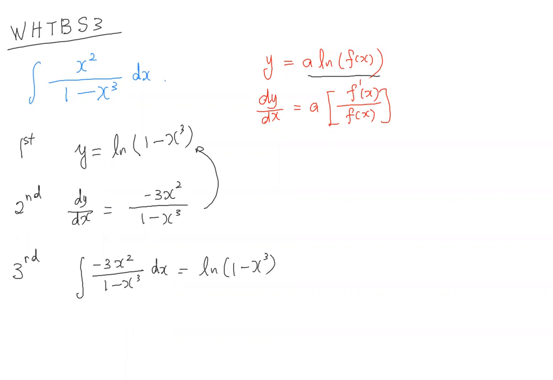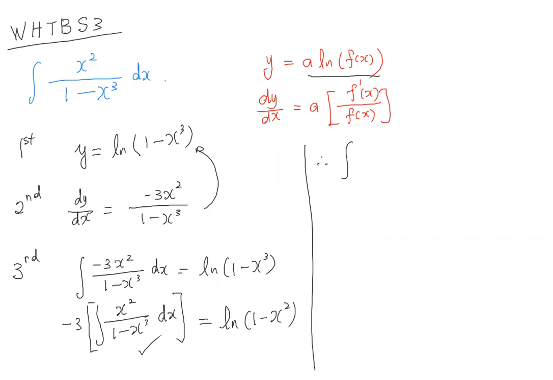It means negative 3 times of this, is equal to ln of 1 minus x cubed. Am I right? So what I want is this. So I make a conclusion, therefore, the integral of x squared over 1 minus x cubed dx is equal to negative 1/3 ln modulus 1 minus x cubed, then plus c.